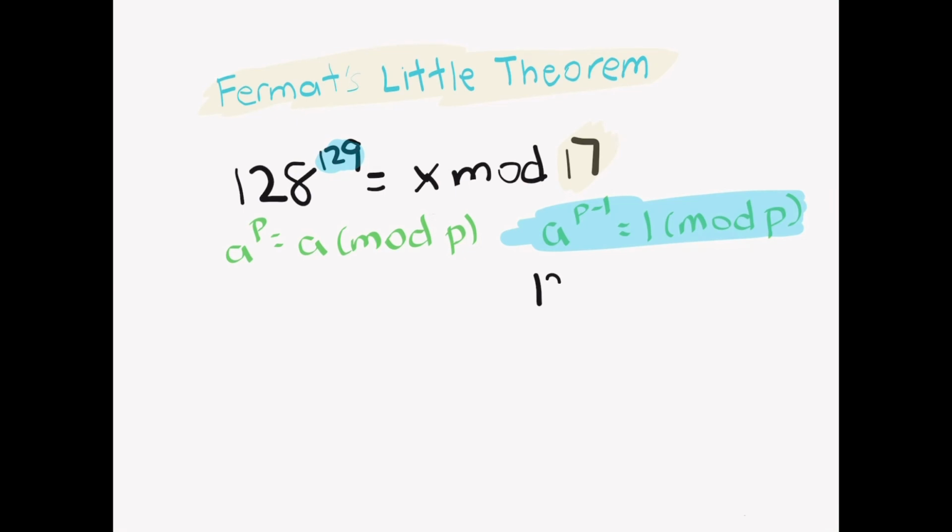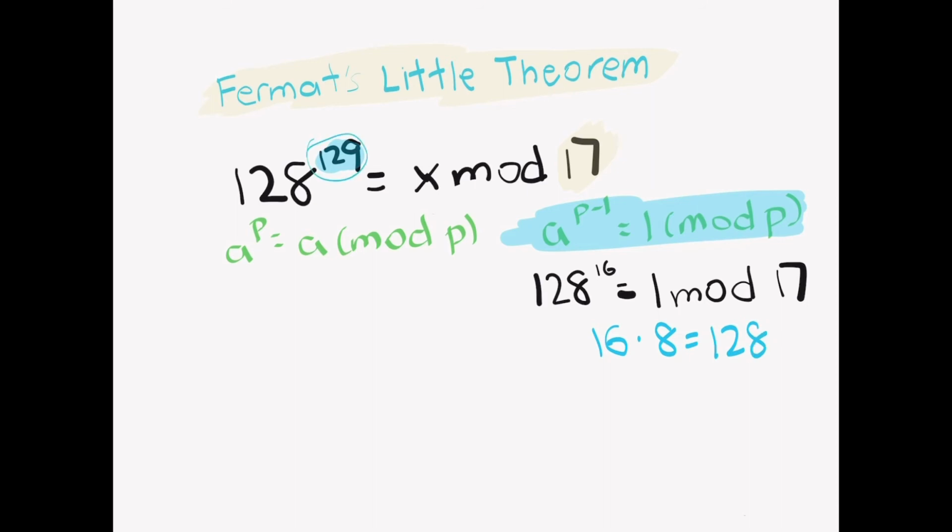So back to the problem, 128 to the power of 17 minus 1 equals 1 mod 17. Again, we're looking for x mod 17. 16 times 8 equals 128. This is useful because we're looking for 128 to the power of 129, so 128 is 1 away.